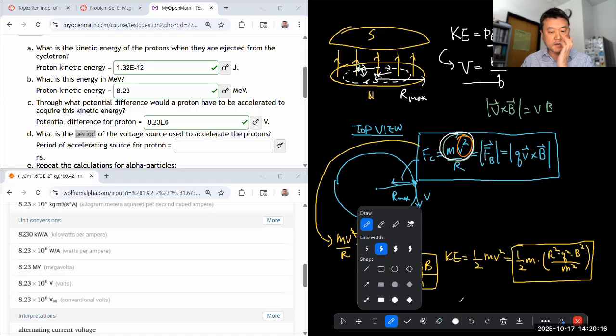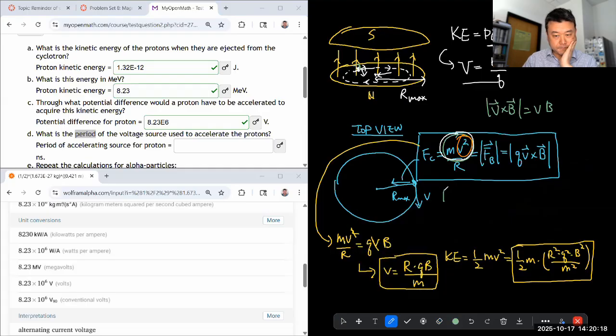So I'm thinking of the period. That's the duration of time. The way I remember things is, speed is distance per time.